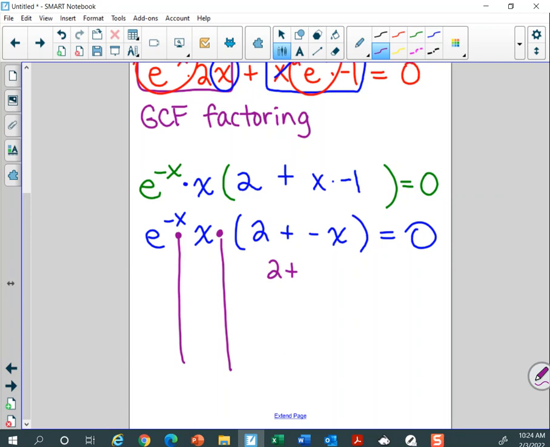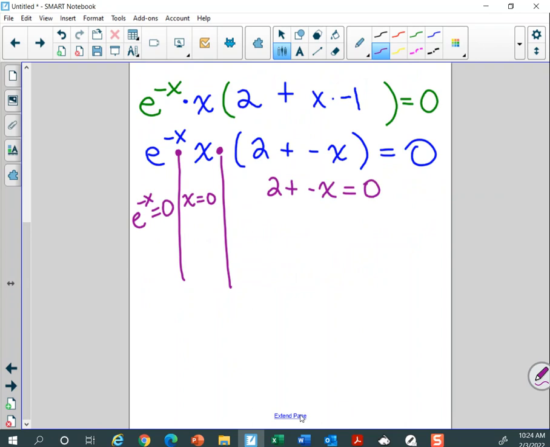So 2 plus negative x equals 0 will generate a critical value. x equal to 0 generates a critical value of 0. e to the negative x equals 0 is the other thing I have to consider. It's just like before. I have my derivative written in factors. I'm going to look at each of my factors potentially equal to 0 to see what the critical numbers would be.